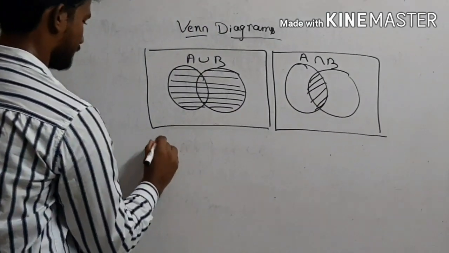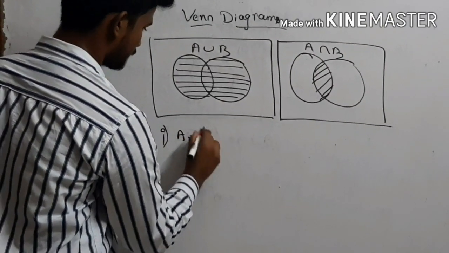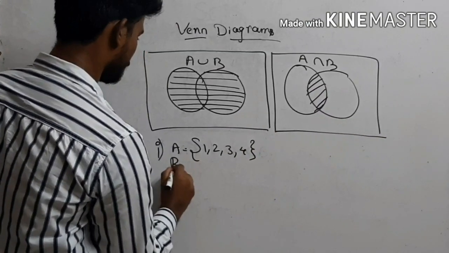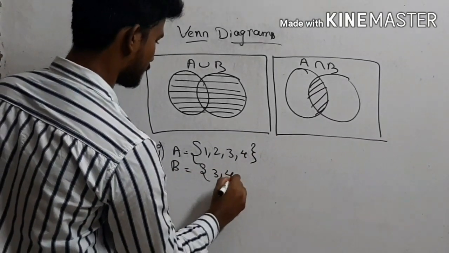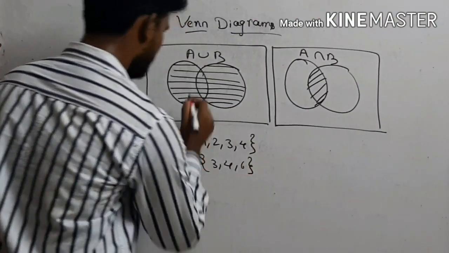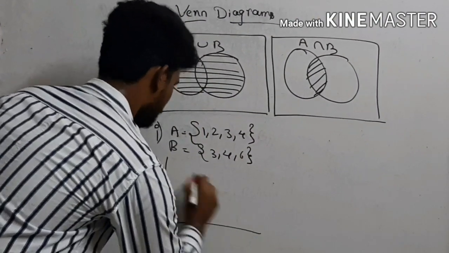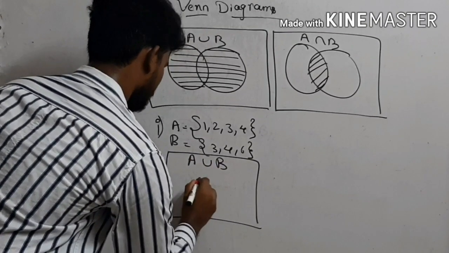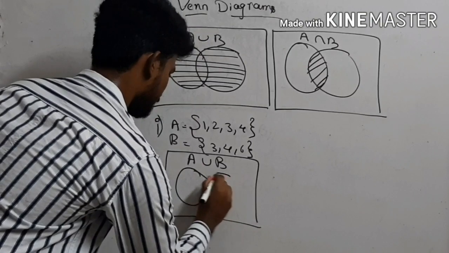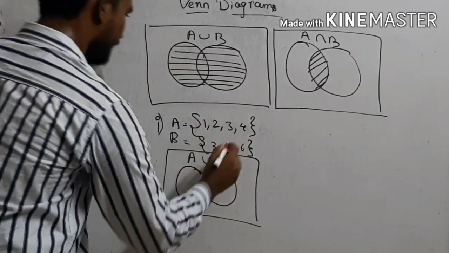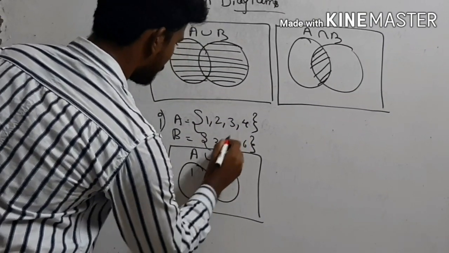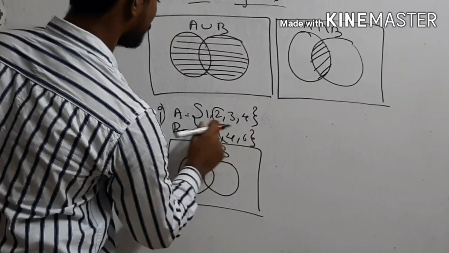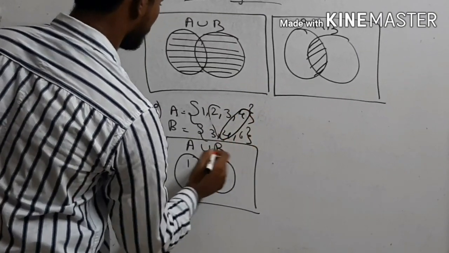For example, we take A equals 1, 2, 3, 4 and B equals 3, 4, 6. For using Venn diagrams, A union B equals all the elements of A and B. The common elements present in both are 3 and 4.